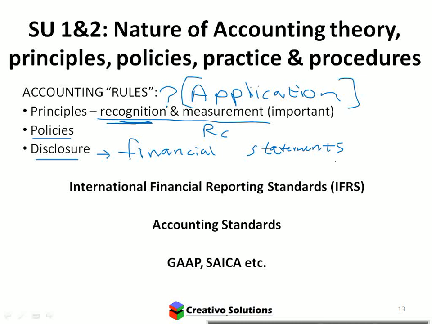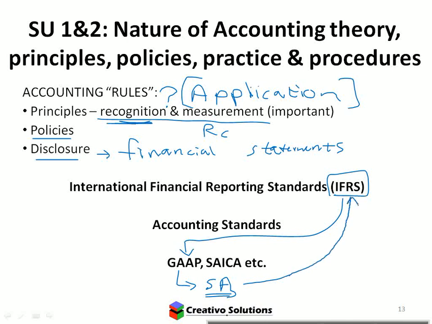International Financial Reporting Standards, that's the rules. Sometimes they talk about GAAP, that's just history. In South Africa, once upon a time, we had our own set of rules. Obviously, having our own set of rules isn't competitive because we're not in line with the rest of the world. So to make South Africa more competitive, around the 2000s, there was a move towards IFRS to bring our standards in line with the rest of the world.